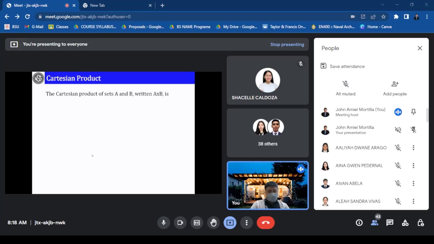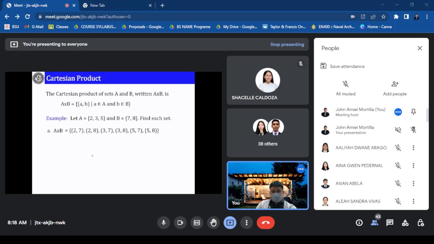So, we have the Cartesian product. So, Cartesian product of sets A and B, written A times B, equals (a, b) such that a is an element of A and b is an element of B. So, let A equal {2, 3, 5} and B equal {7, 8}.